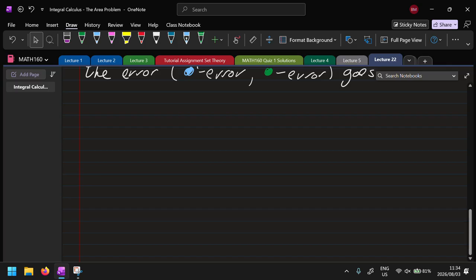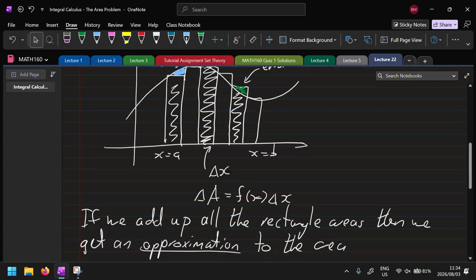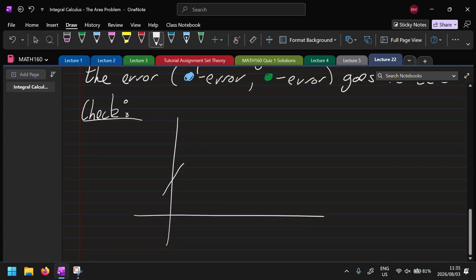Okay, so let's draw the picture again with smaller rectangles and see if this actually works. Right? If the error stays the same, if we add more rectangles, well, that doesn't really help us. Okay, so let's check. Okay, so I'll try copy this the same.